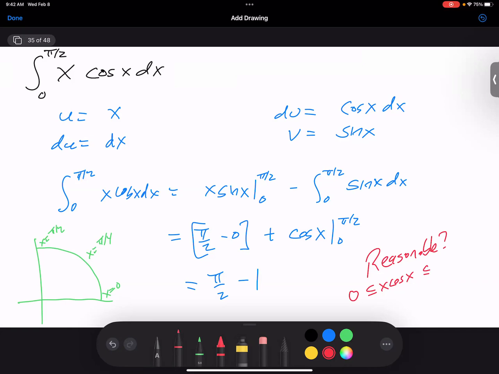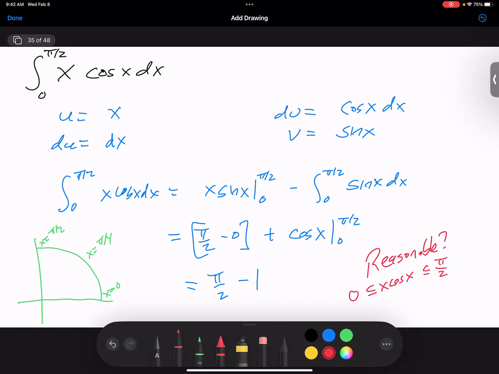So the largest this could be is pi halves. It's actually overkill, because when x equals 0, cosine of x is 1. But when x is getting close to pi halves, cosine of x is getting close to 0. This is going to overestimate.